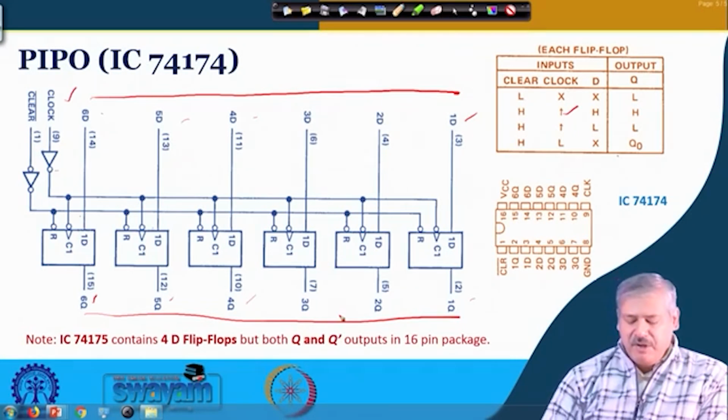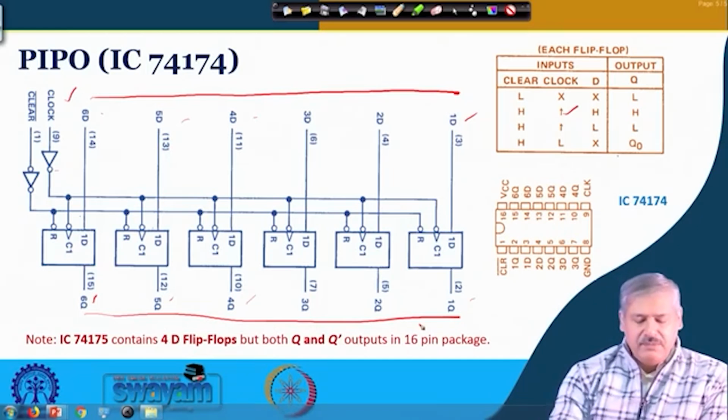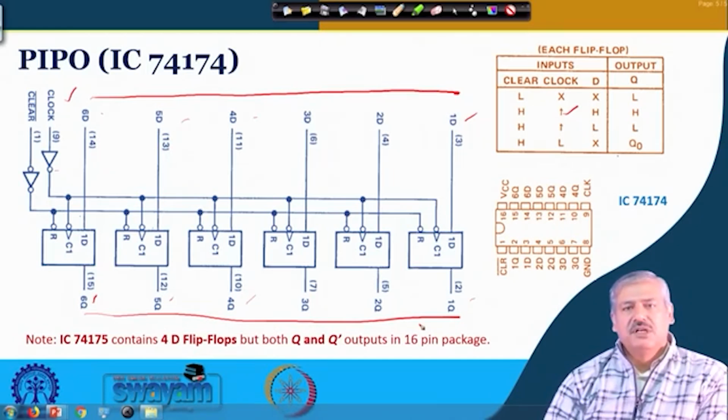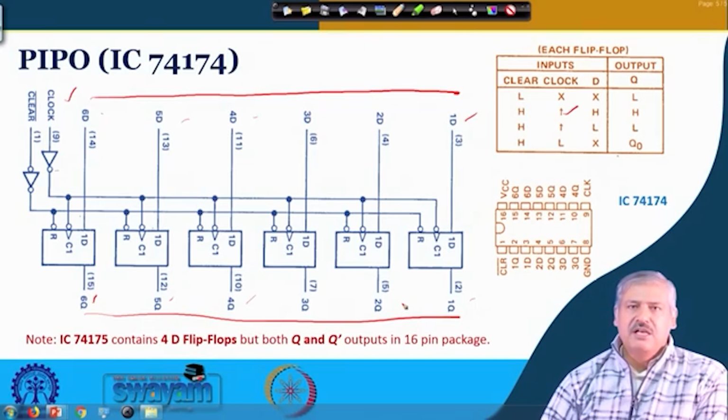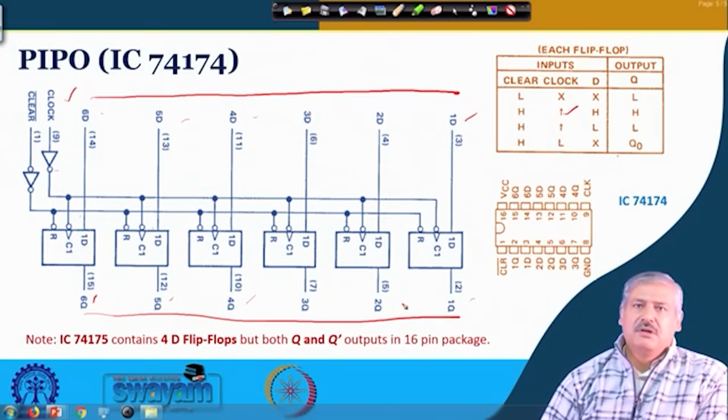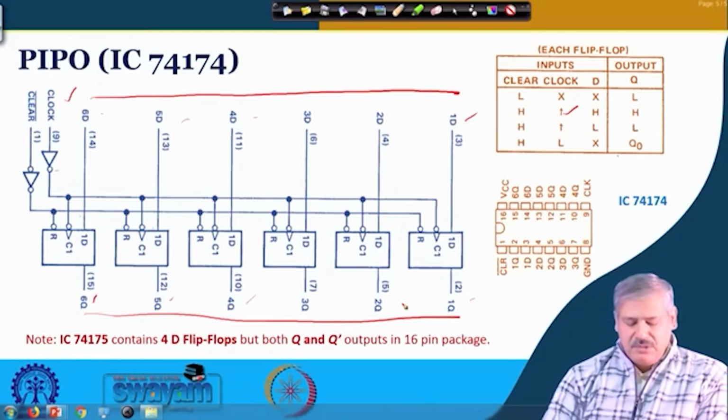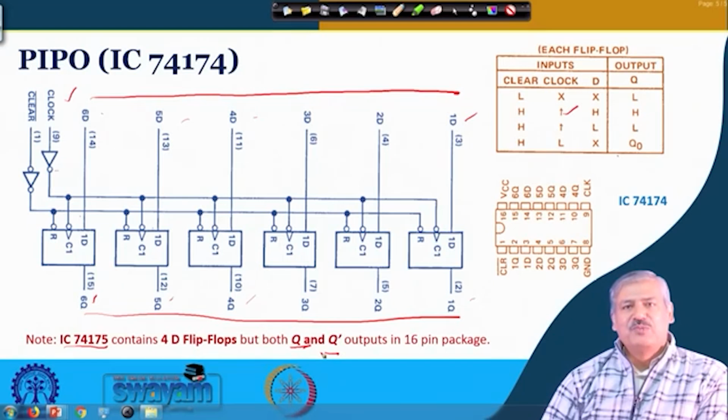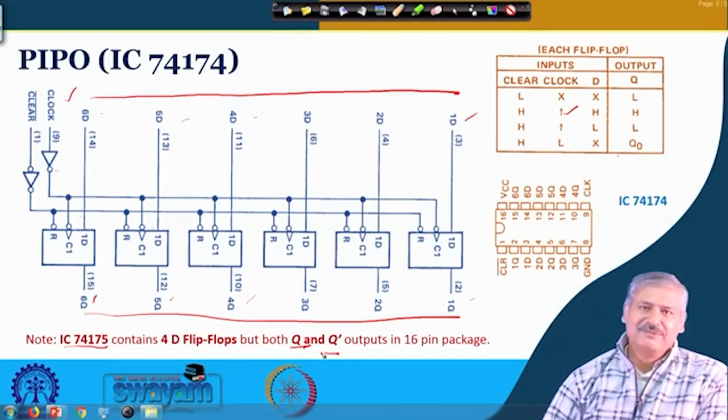The number of pins, as you see, is as many inputs and as many outputs, and it is getting loaded parallelly in one clock cycle, and you can do as many readings as you want without any issue. Now, there is IC 74175, in which both Q and Q bar outputs are made available, in case some application requires it.